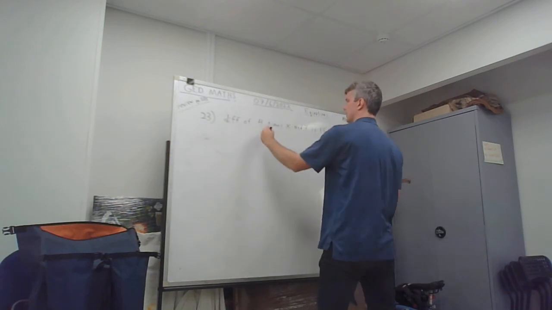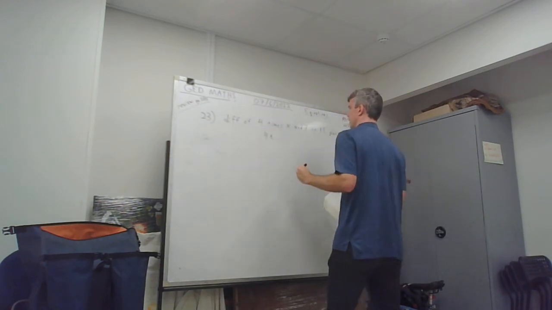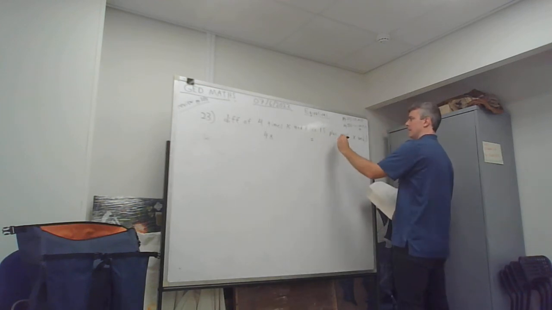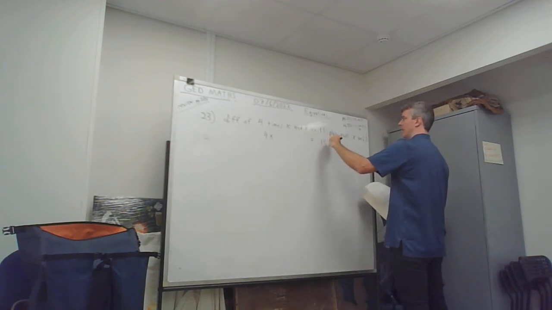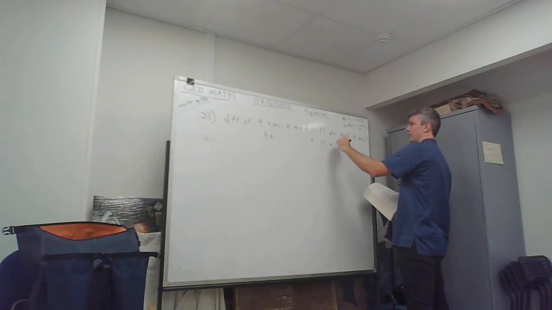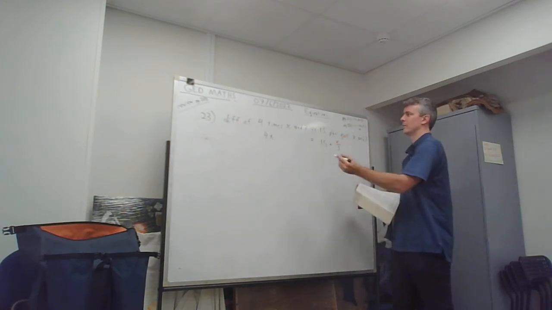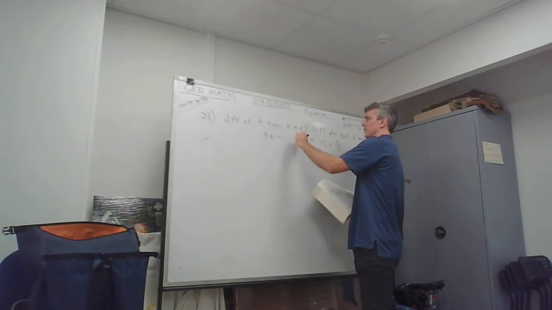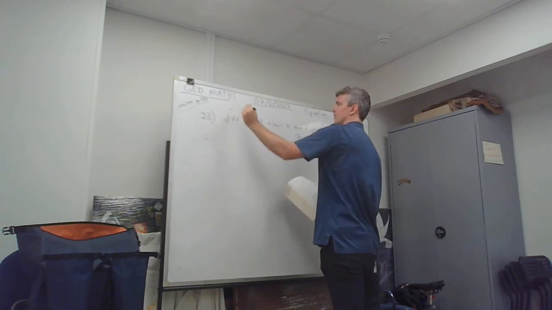So 4 times x is just going to be 4x. We have an equals, is, 15 plus the quotient, x over 3. And this one is the difference, minus, of 4x and 7, so it's going to be 4x minus 7. The difference is a minus, right?